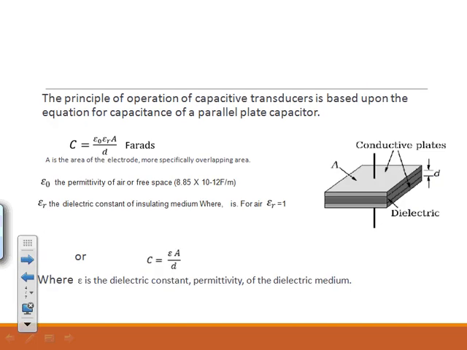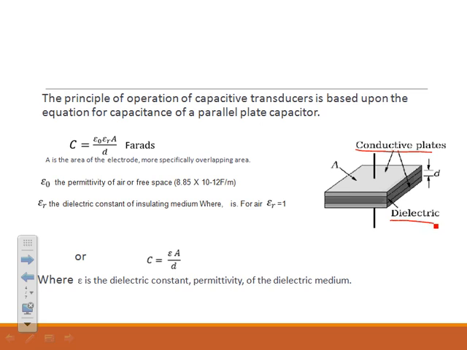The principle of operation of the capacitive transducer is based upon the equation for the capacitance of a parallel plate capacitor. In the last slide we saw that a capacitor has two conductive plates separated by a dielectric media.